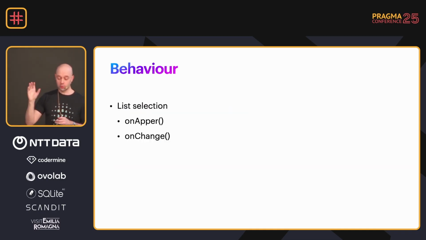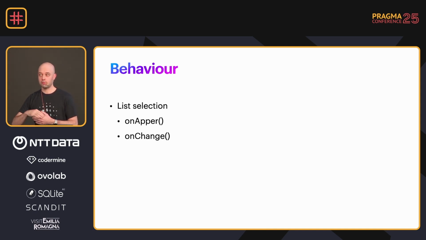One other thing to consider when developing for multiple platforms is that the behavior is different in some cases. As an example, in my app I have a list of articles, and when I tap, I load the article. On iPhone I can use onAppear to maybe call some API or do something.